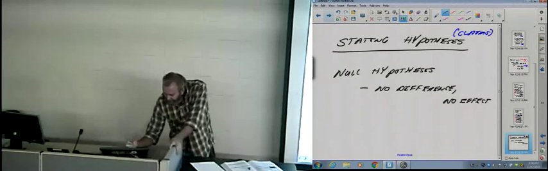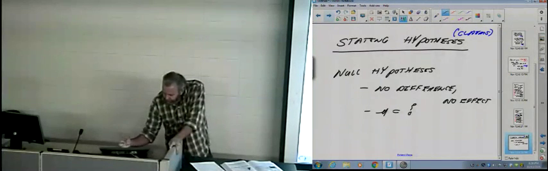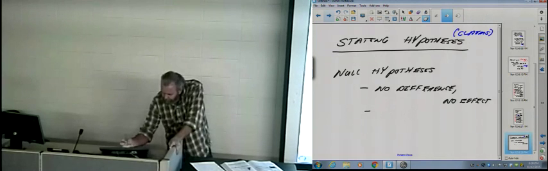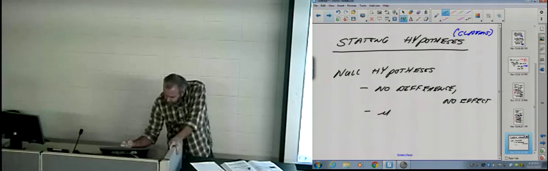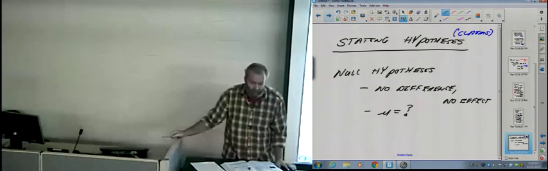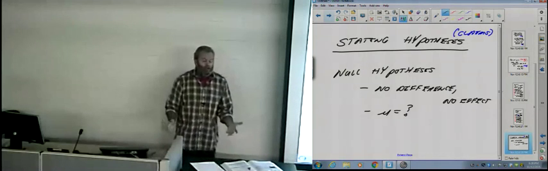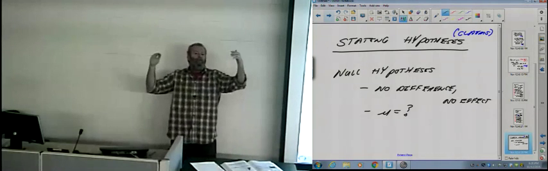This is a claim that mu is equal to... I put a question mark there because it's not always 0. It was 0 for this cola. Mu could be equal to some number. This is the claim about where that sampling distribution is centered.